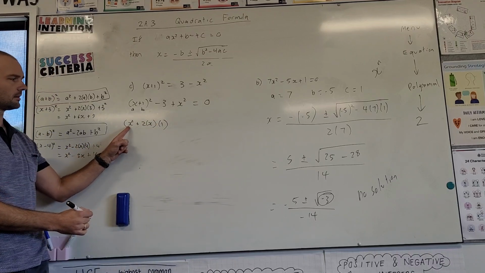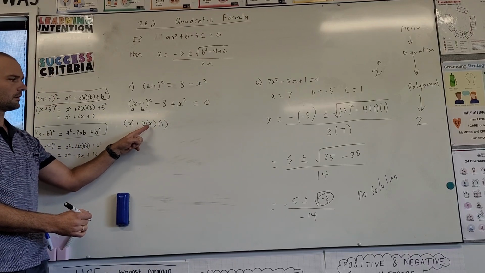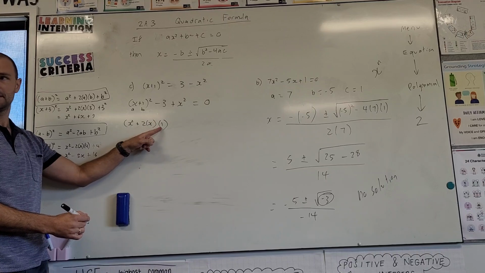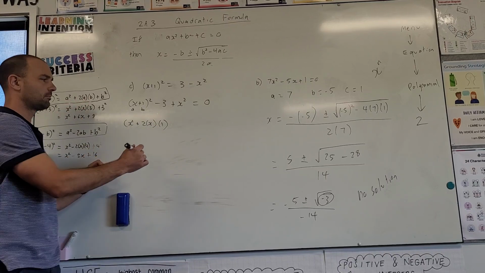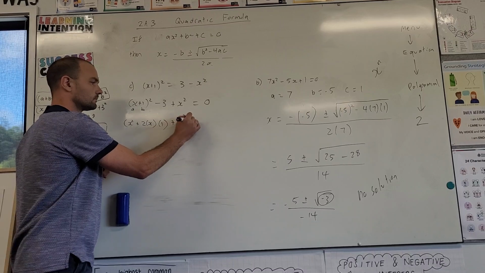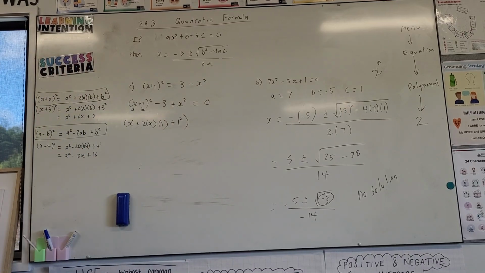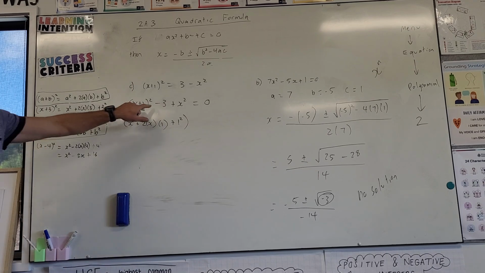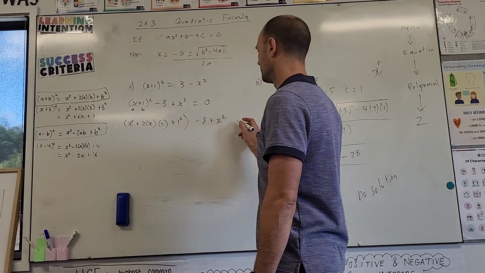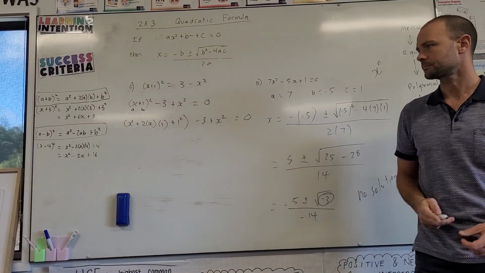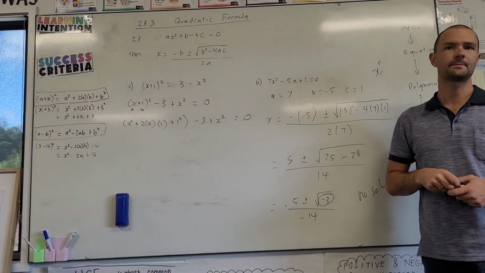Okay, A squared plus 2AB, alright, straight from the formula here. And then plus B squared. And then we have this take 3 and plus x squared out here, equal to 0. Okay, so we've expanded it.